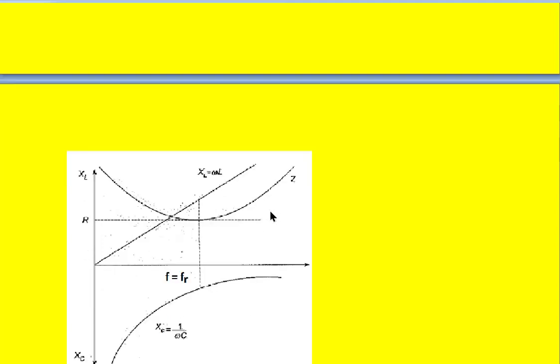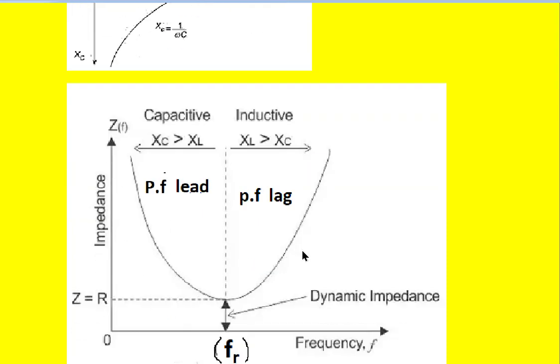This is the total impedance, and this base value is nothing but the resistance, Z is equal to R, which is the minimum impedance here. This is called the minimum impedance point, corresponding to the resonance frequency.